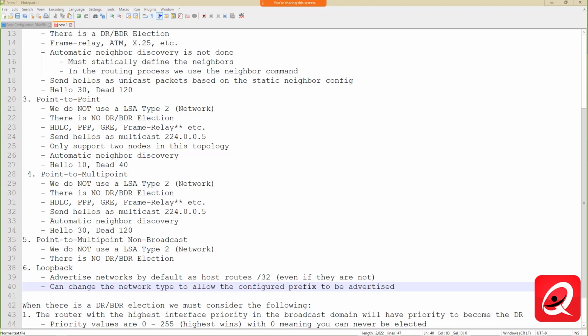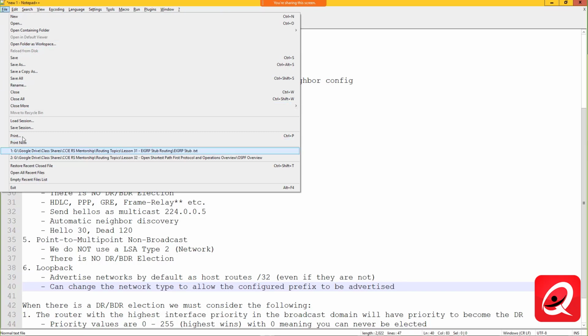Let's take a look at one more thing, and then we'll wrap up our session for today. Let me save this before we move on. Save as.